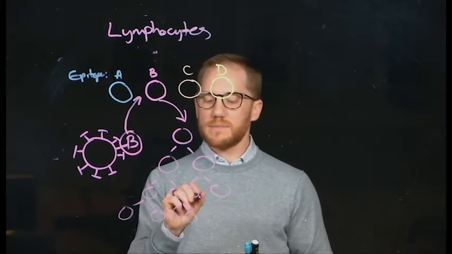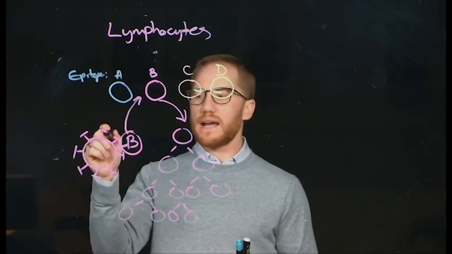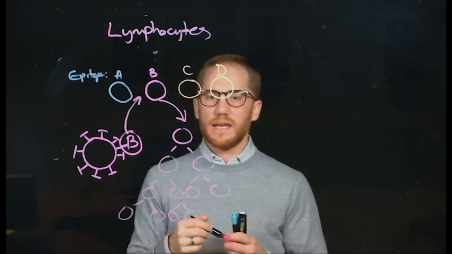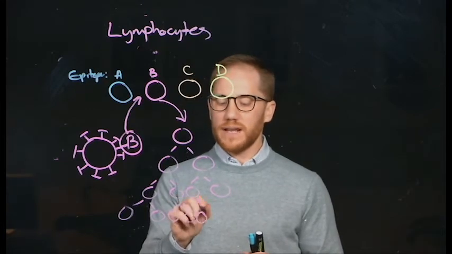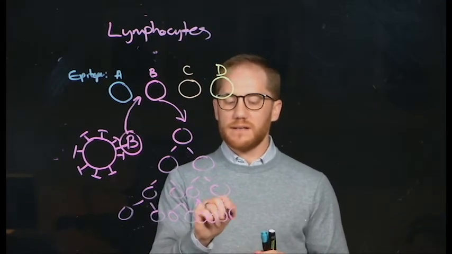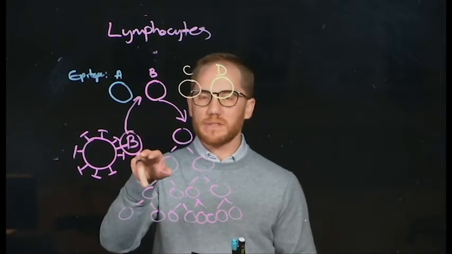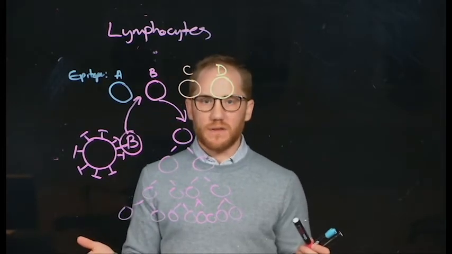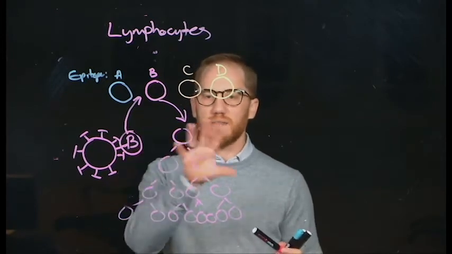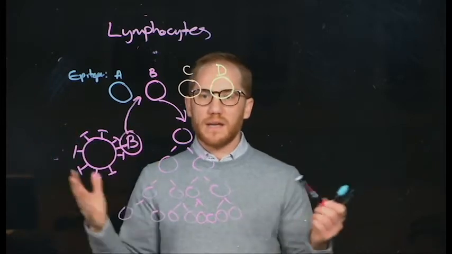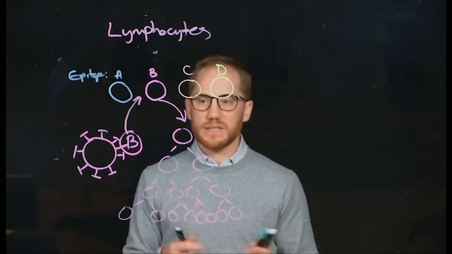And at the same time, every other epitope that's recognized, so maybe this does have D epitope, then this would start activating and proliferating. Within a matter of days to weeks, you go from one cell that's specific for that epitope to millions and millions of cells by this proliferation. This is the clonal selection theory, where a single clone can expand to become a large number of lymphocytes.